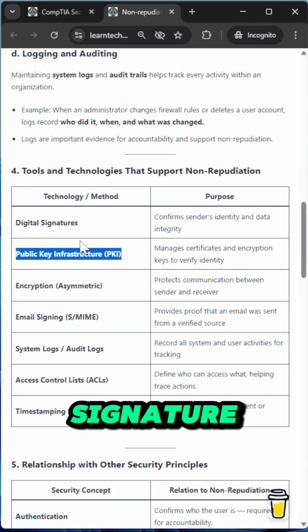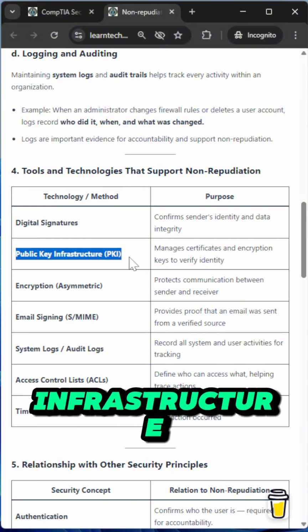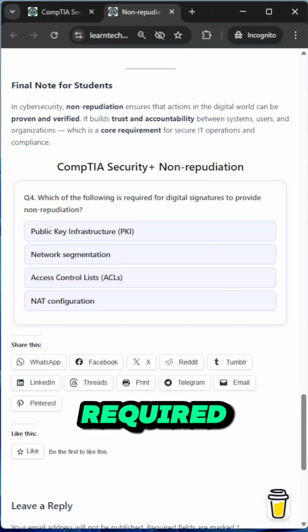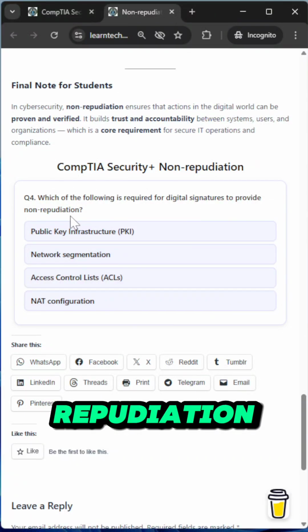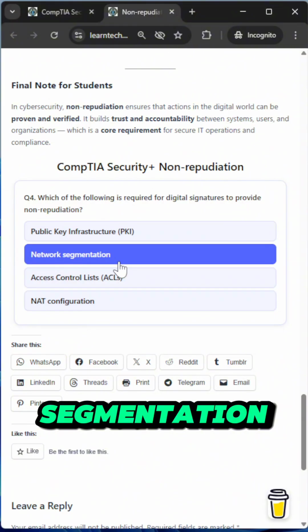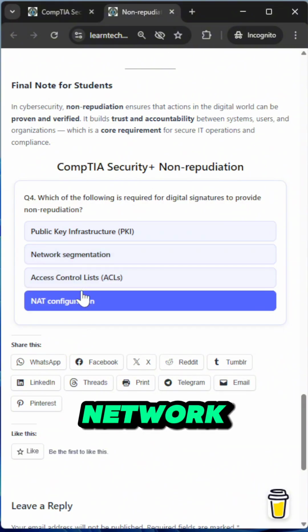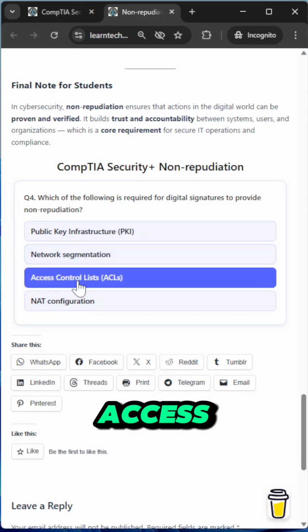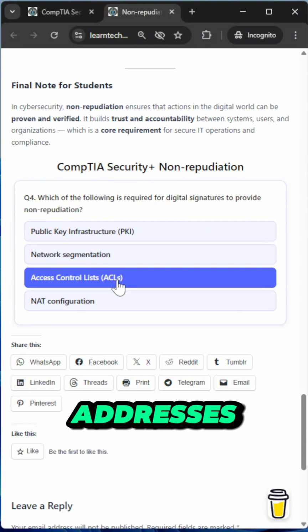So yes, public key infrastructure. Network segmentation? No. Network segmentation is like VLANs and subnetting. An access control list uses routers, switches, and firewalls to block ports and IP addresses.